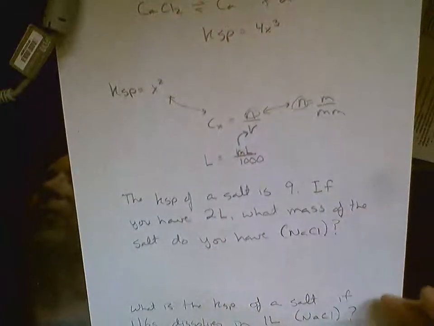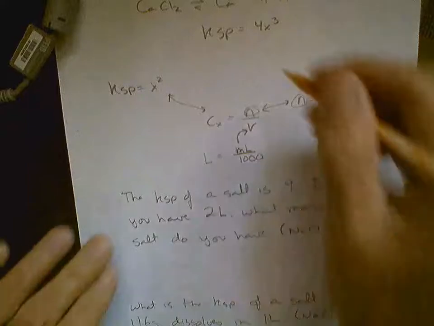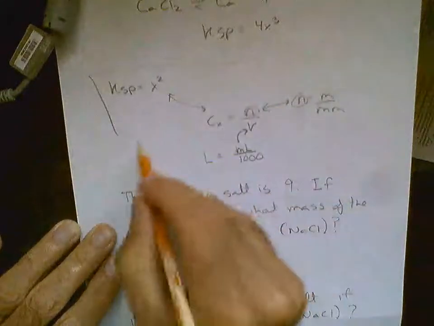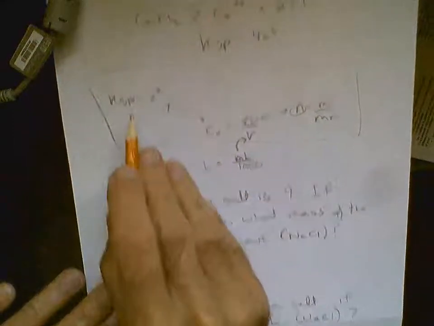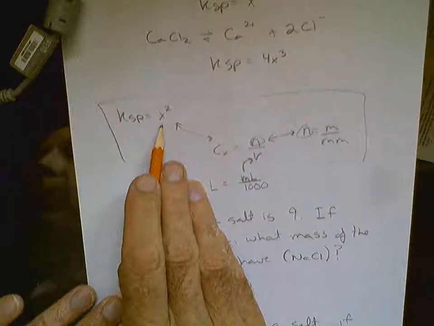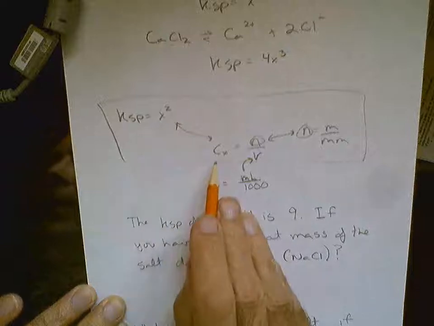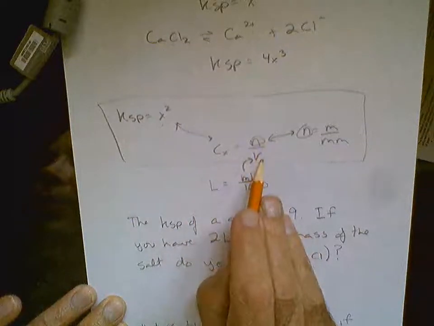Okay. Here are the formulas that you need to be able to do anything with KSP with salt. KSP equals x squared or 4x cubed, depending. Concentration equals moles over volume.